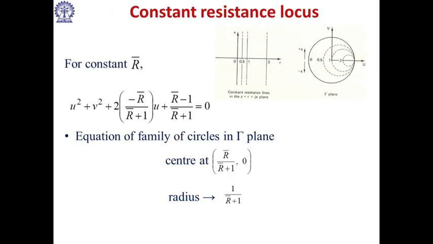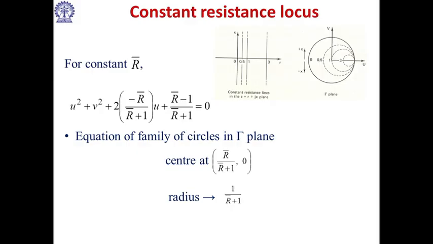Now, for constant r, you see that constant r means in the left side diagram all vertical lines with various values. R bar may be 0, r bar may be 0.5, r bar may be 1, r bar may be 3, etc. infinite. So, that means this is an infinite set of vertical lines.